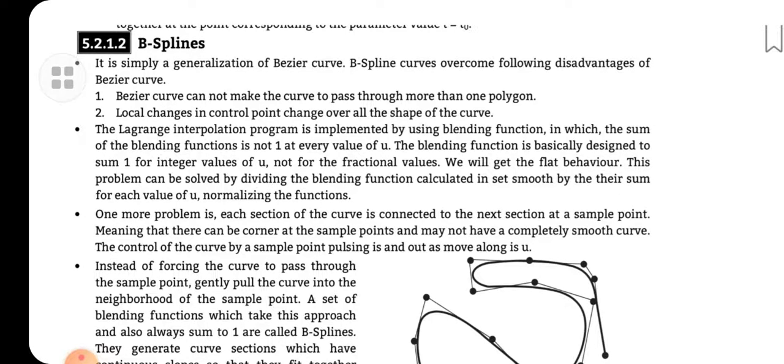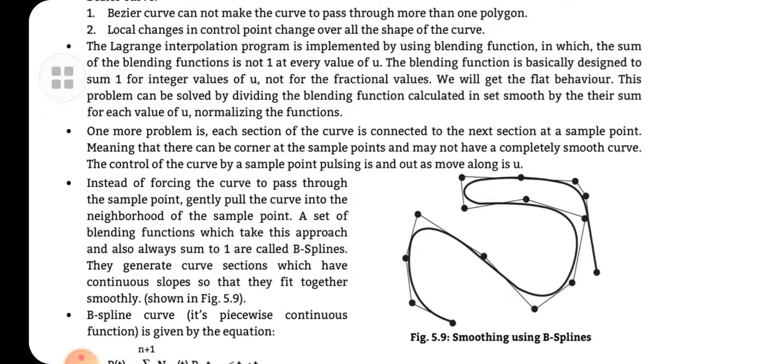Instead of forcing the curve to pass through the sample point, gently pull the curve into the neighborhood of the sample point. A set of blending functions which take this approach and also always sum to 1 is called a B-spline. They generate curve sections which have continuous slopes so that they fit together smoothly.